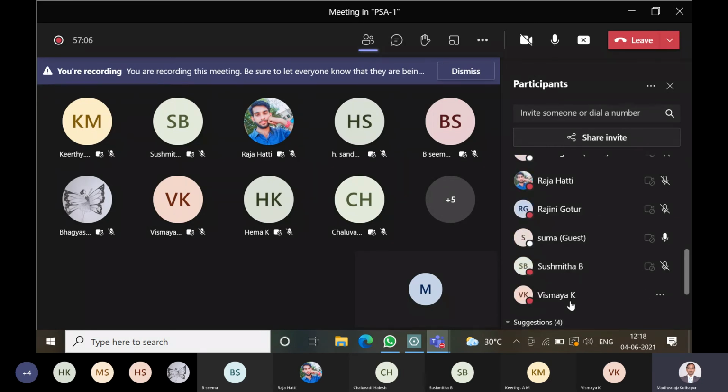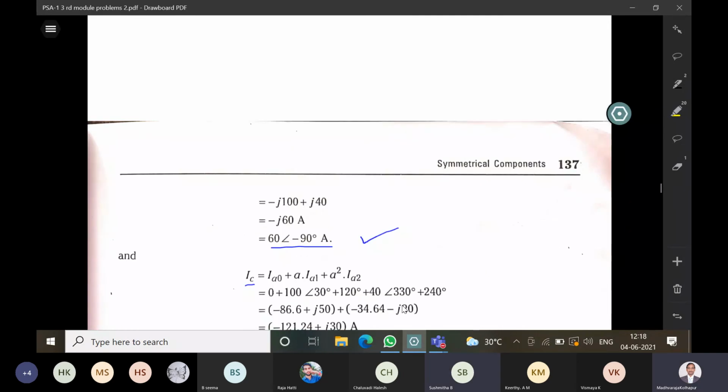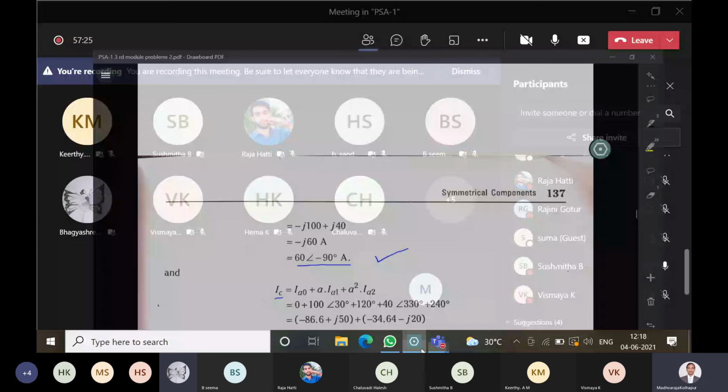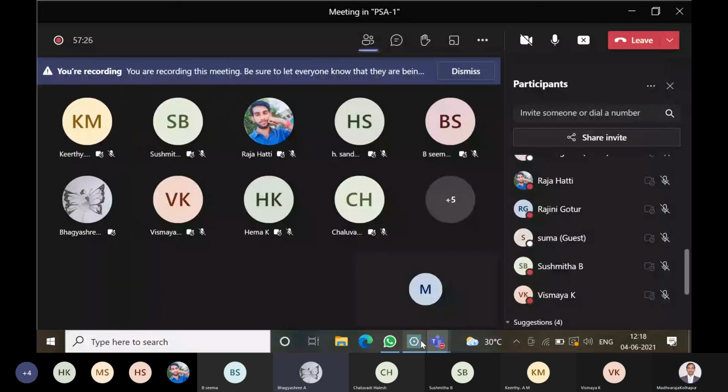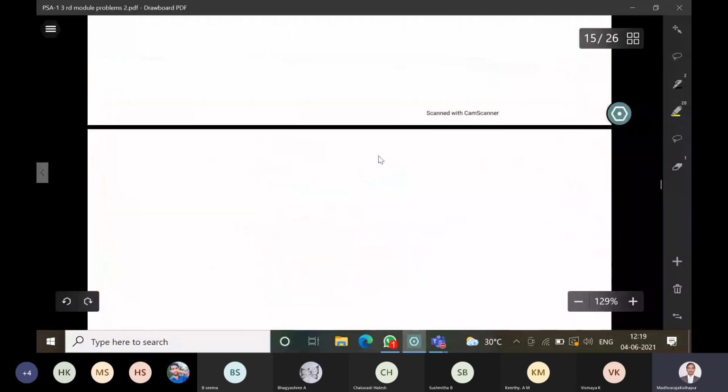Sir, 60 at an angle minus 90, sir. IC value. What about IC? Calculating. Sir, 124.89 at an angle 166.10. Okay, good. So this is what we have just calculated: IA value, IB value, and IC value.